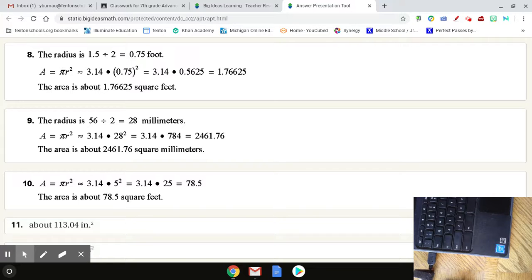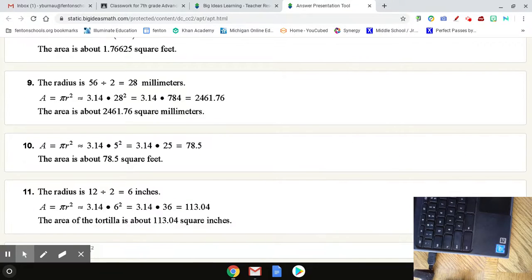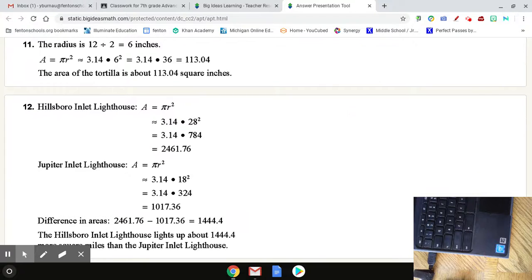You have two more, 11 and 12. So 11, you have to find the radius first, which is 6 inches. And then the area of the tortilla is about 113.04 square inches. And then we're talking about the two different lighthouses. Hillsborough Lighthouse is 2,461.76. The Juniper Inlet Lighthouse, the area is 1,017.36.